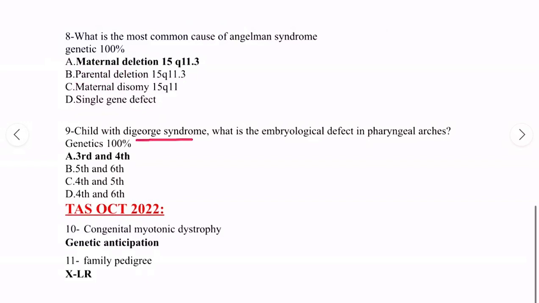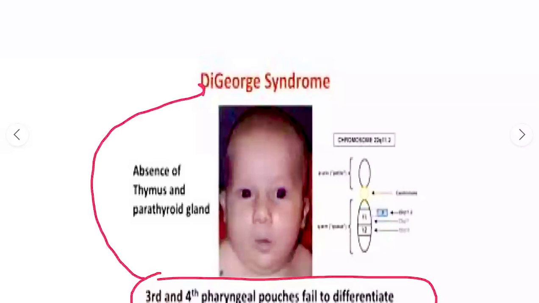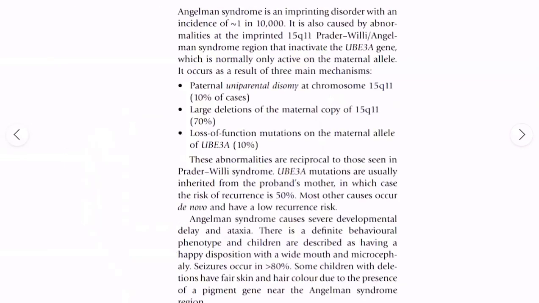Child with DiGeorge syndrome, what is the embryological defect? In the pharyngeal arches, that is the third and fourth pharyngeal arch. See here, the third and fourth pharyngeal pouches fail to differentiate. That will give you DiGeorge syndrome, and there will be absence of the thymus and the parathyroid gland. Right.